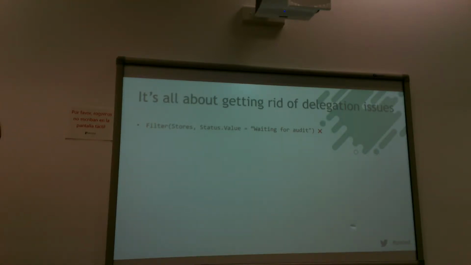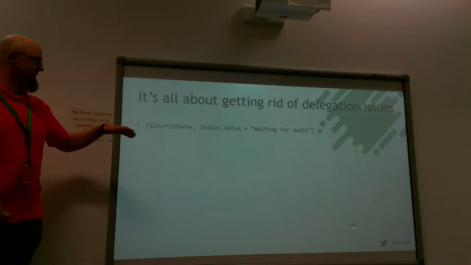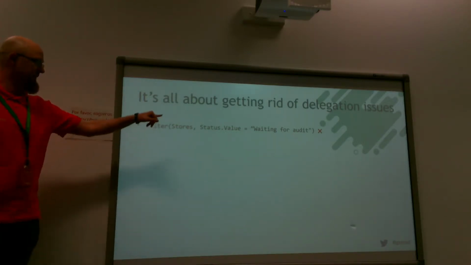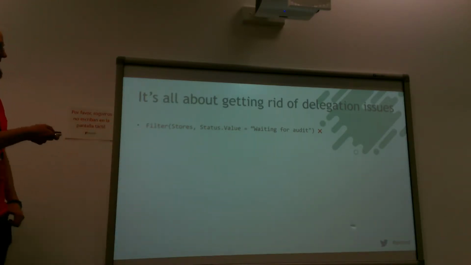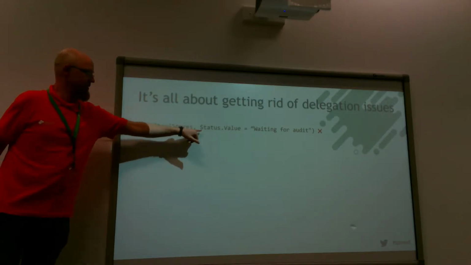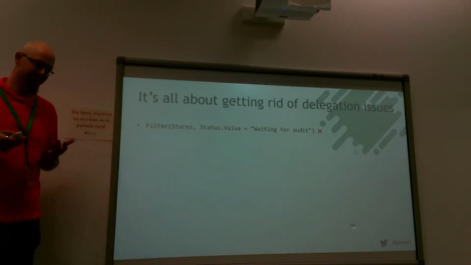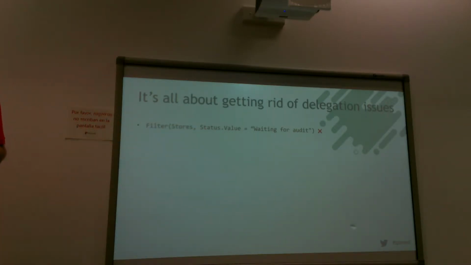And here I try to filter these items by this status. Everyone loves these choice columns in SharePoint. But a choice column is a so-called complex column. And from the PowerApps point of view, you cannot delegate anything related to these complex columns to SharePoint. So you cannot do that.